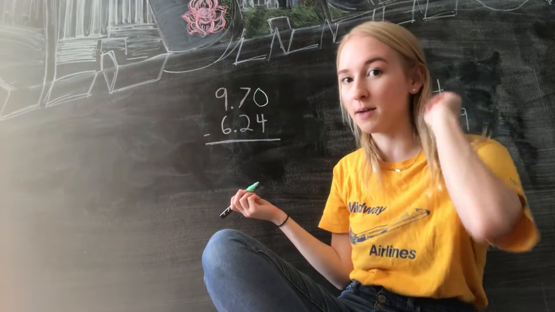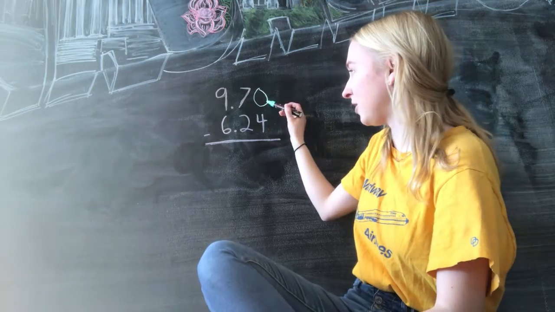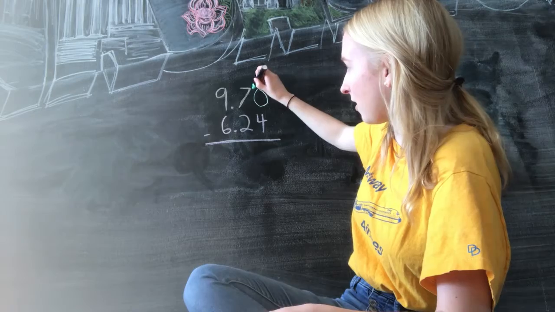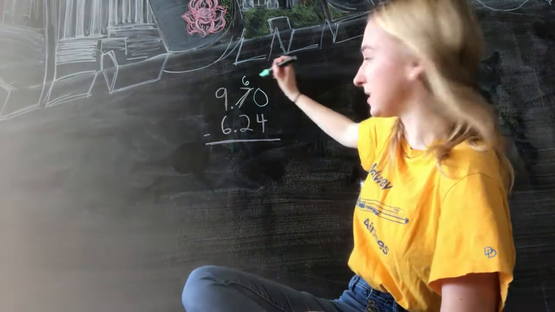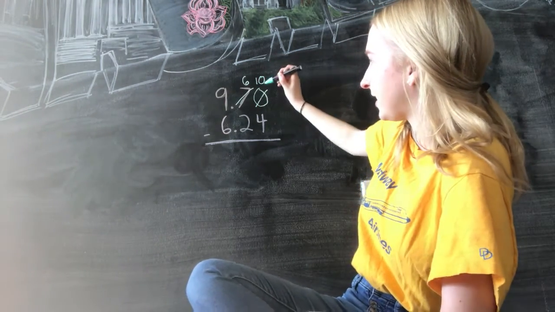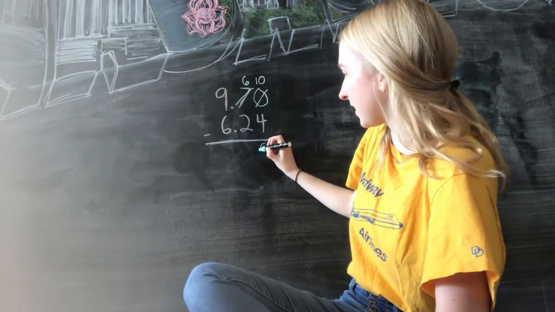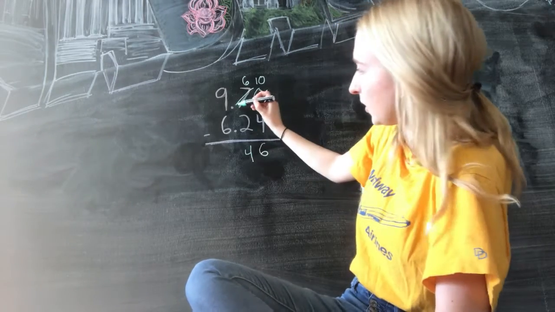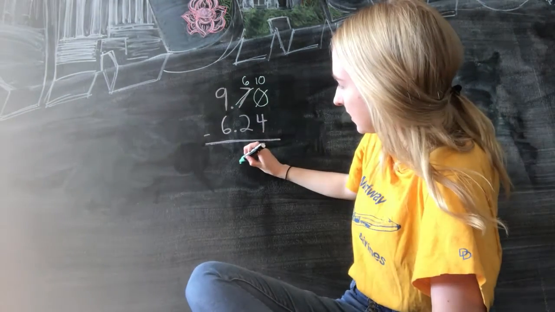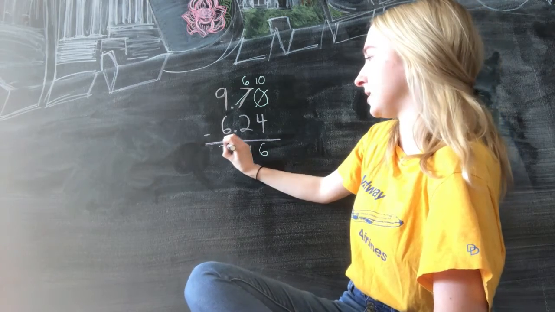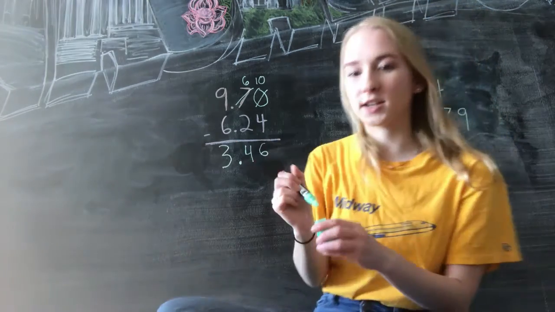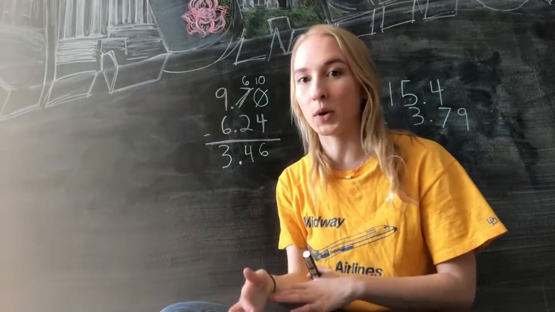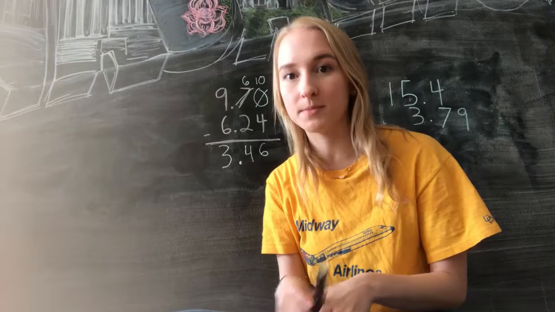So now that I have this 0, I can do 0 minus 4. We know that that doesn't work, so I have to borrow from here, make this a 6. This becomes a 10. 10 minus 4 gives us 6. 6 minus 2 gives us 4. Bring down my decimal point, and then 9 minus 6 equals 3. And that's our answer. So that's why having those extra zeros becomes super duper important, especially in subtraction problems.